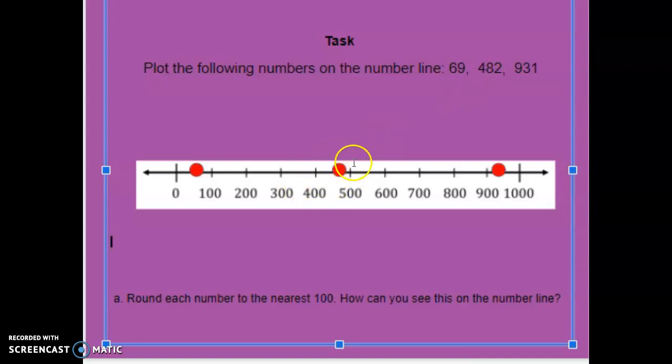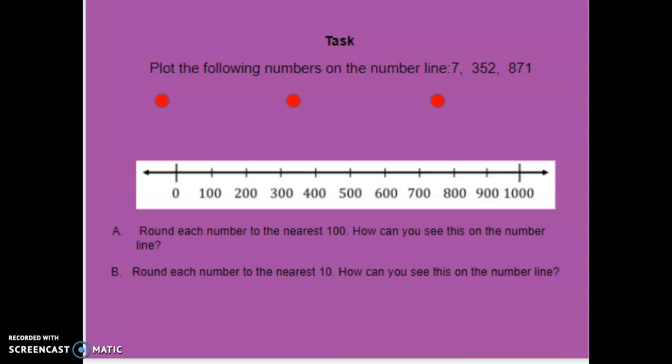It's more than halfway to 500. So 482 would round to 500. 931, I know it's less than half, and it's closer to 900 on the number line, so it's going to round to 900.